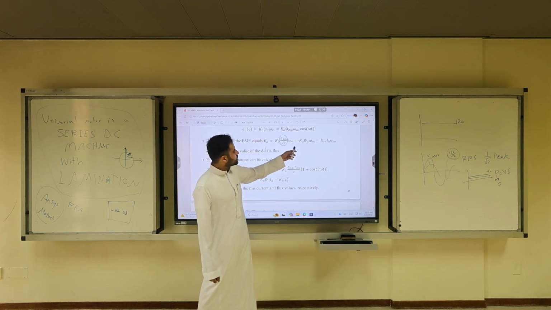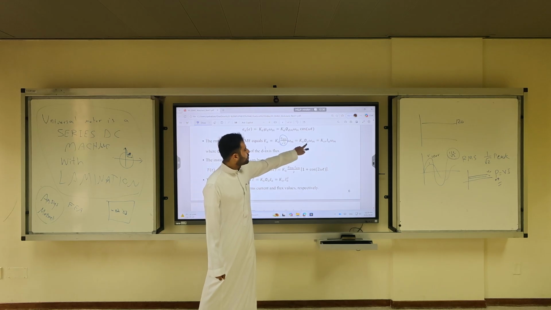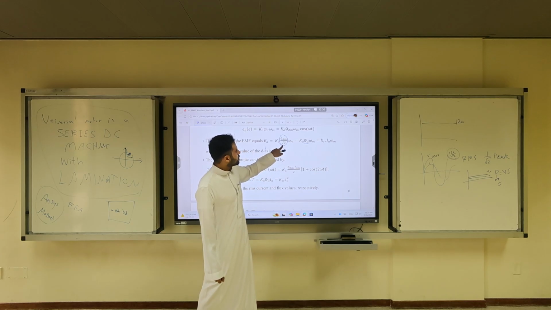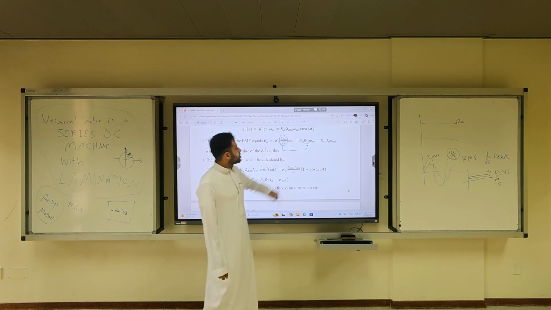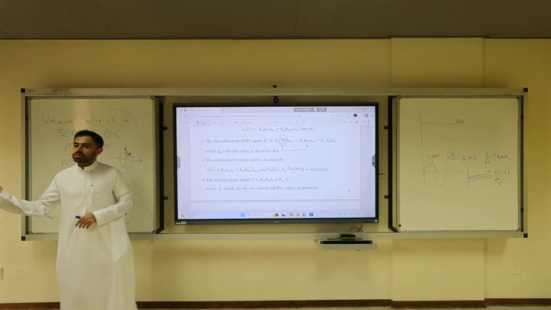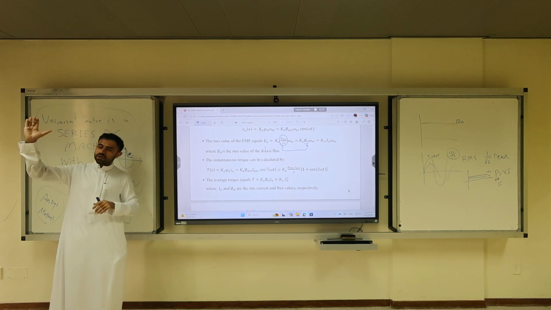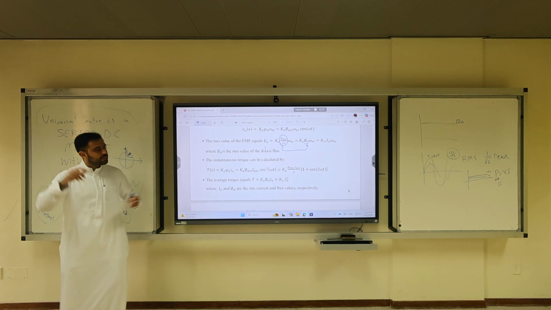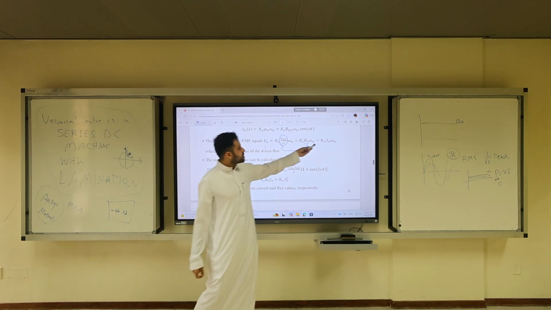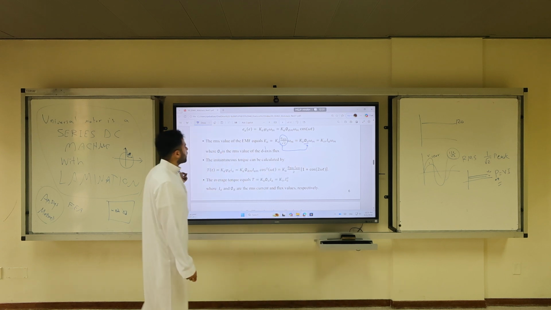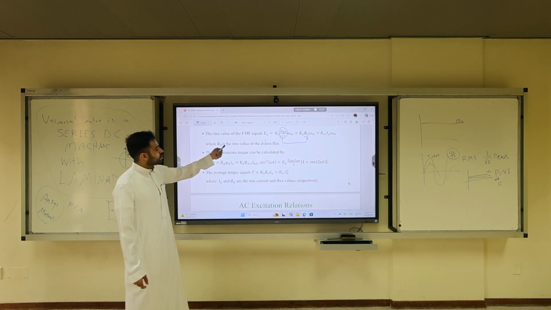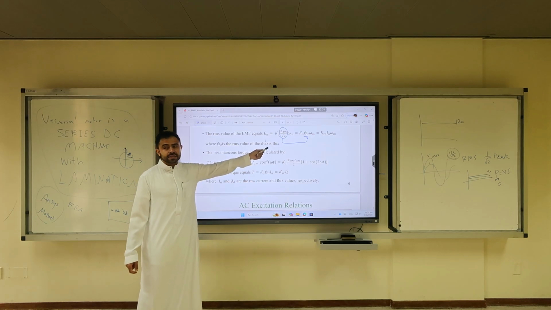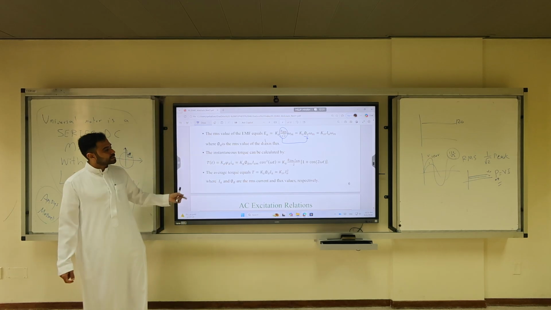And you get that number flux sub D, which is equal to the max over root 2. So now, because we took a snapshot, we ignored the fact that AC moves over time, this number is the RMS, which is a constant value. It's the RMS value of the D-axis flux. We only look at the direct axis.